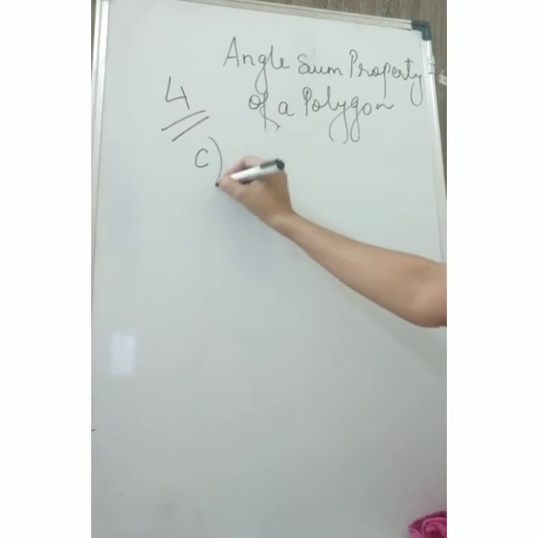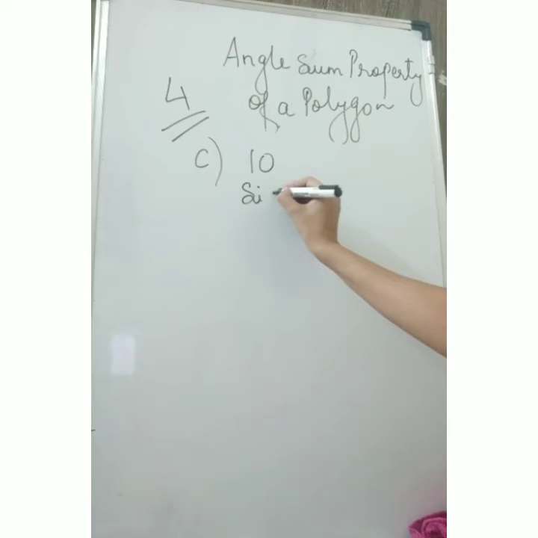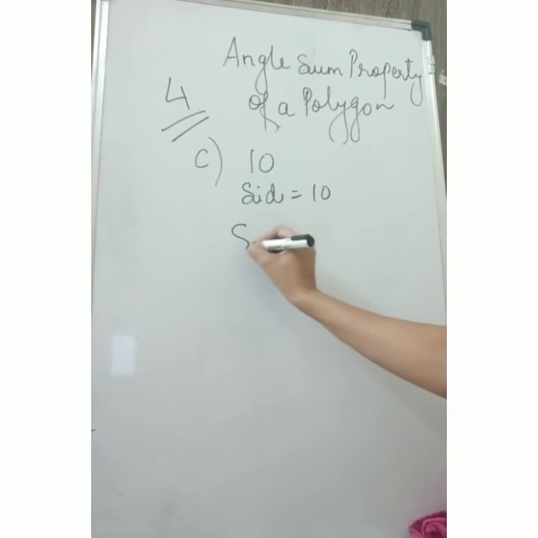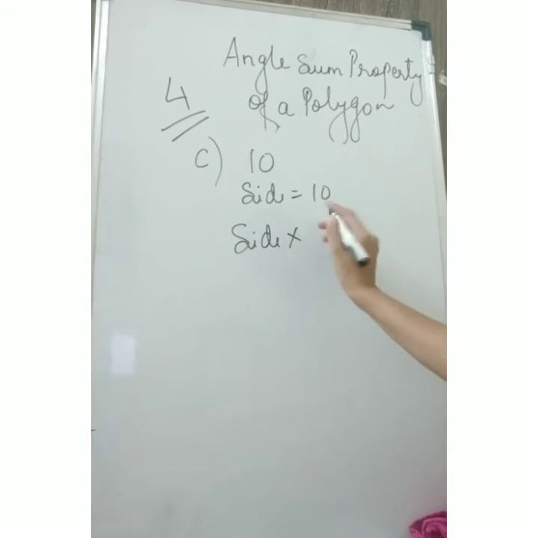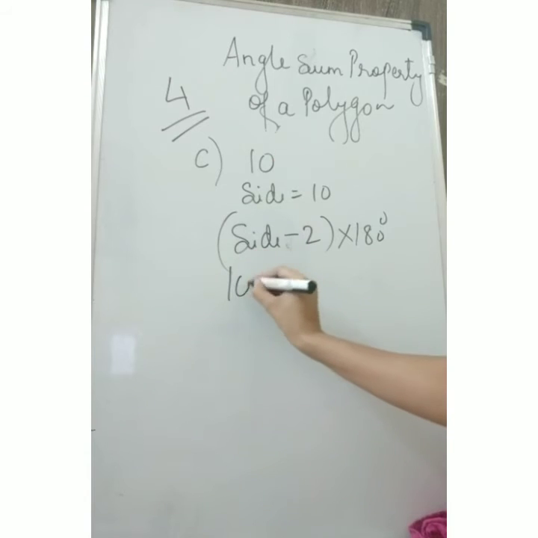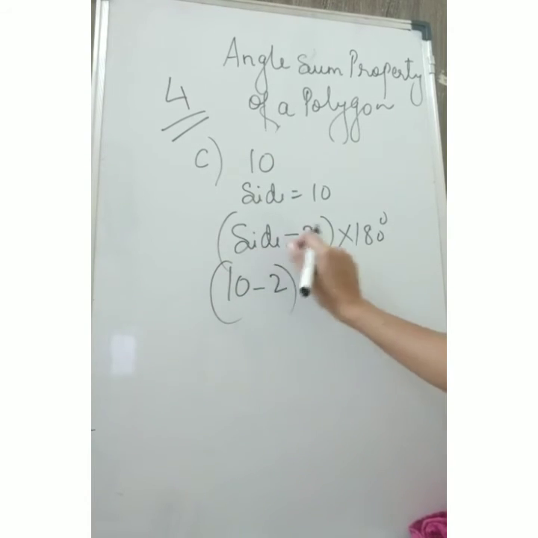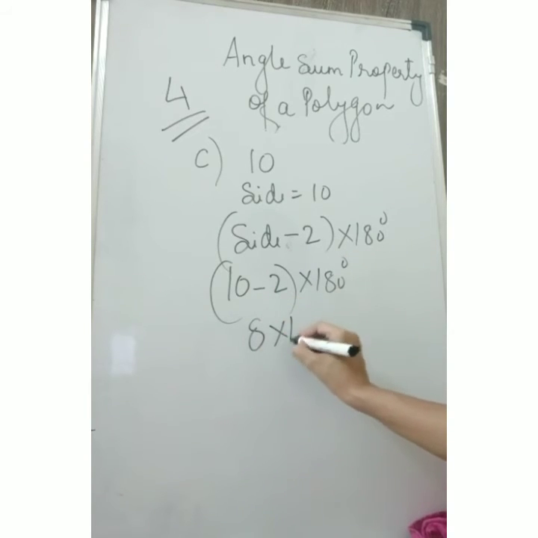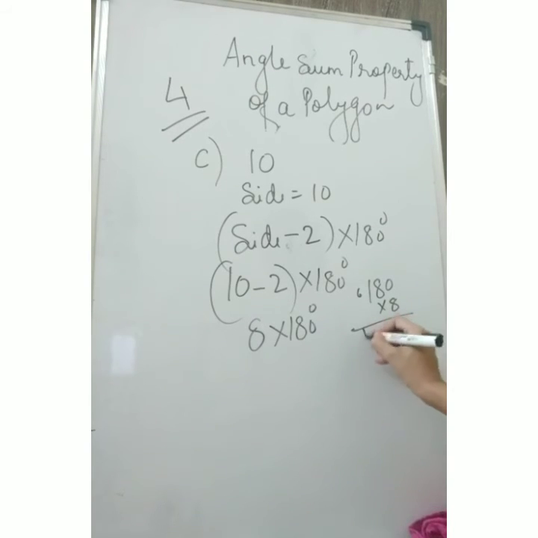Okay. Now part C. Now sides is what, students? 10. So the formula is sides minus 2 into 180 degrees. Now sides over here is 10, so 10 minus 2 into 180 degrees. 10 minus 2 is 8 into 180 degrees. So 180 degrees into 8. 8 zeros are 0, 8 eights are 64, 8 ones are 8 plus 6, 8, 9, 10, 11, 12, 13, 14.